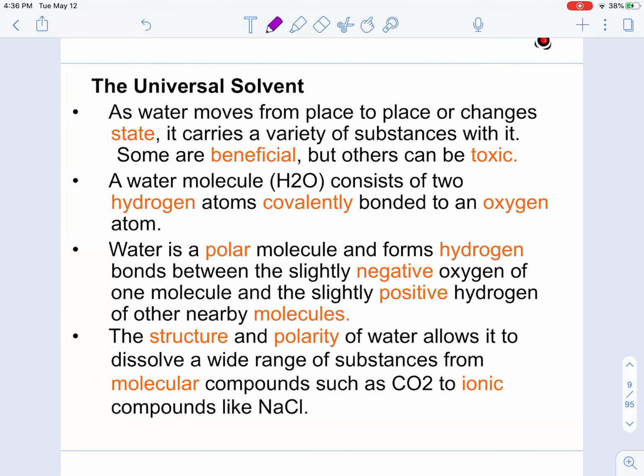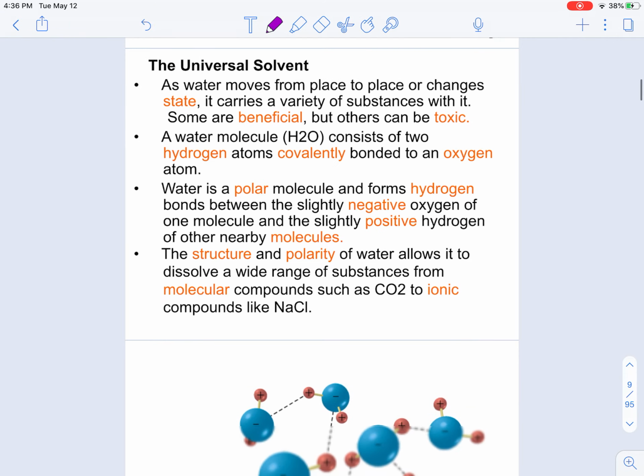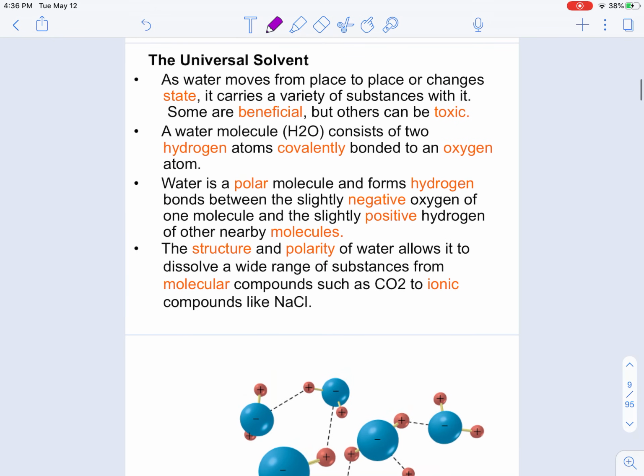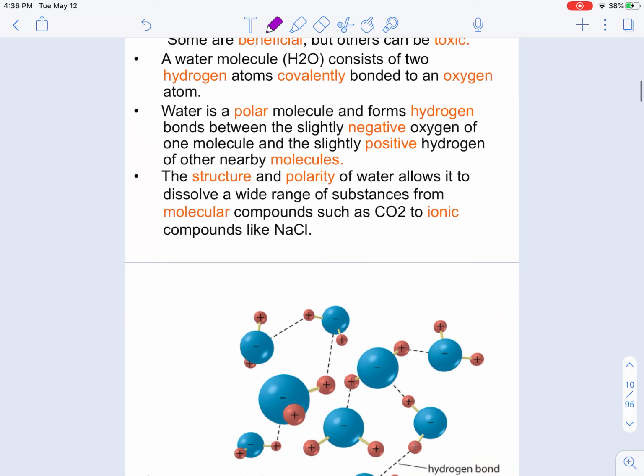The reason it's a universal solvent is because of the hydrogen bonding that's in there, and it becomes a polar molecule, meaning one side is more positive, where the hydrogens are, because they'll stay on the one side, and the other side will grab those electrons to fill the oxygen's outer ring, and so that'll end up being more negative on the oxygen side and more positive on the hydrogen side.